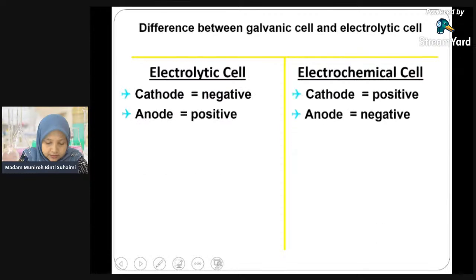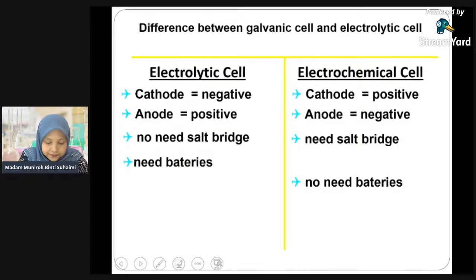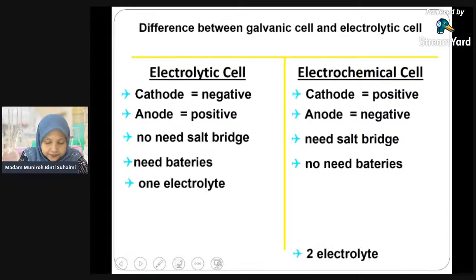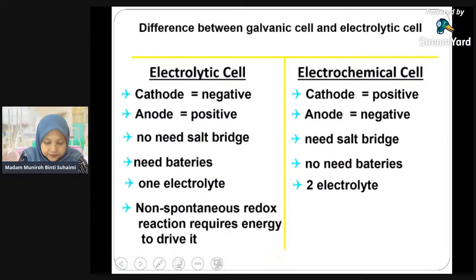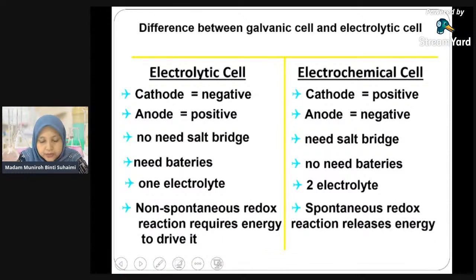So you can see these differences between the galvanic cell and the electrolytic cell.